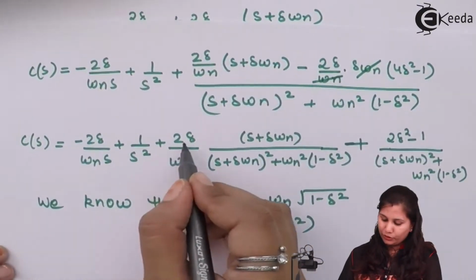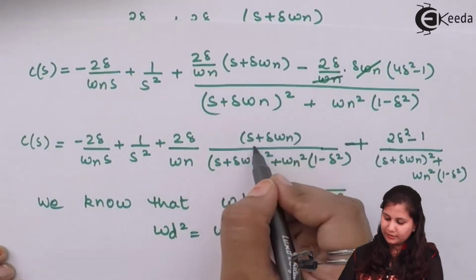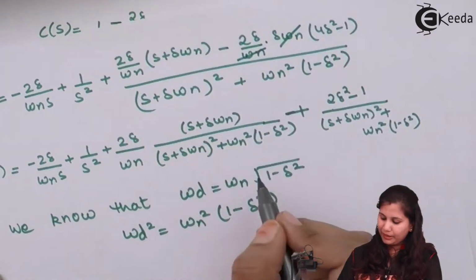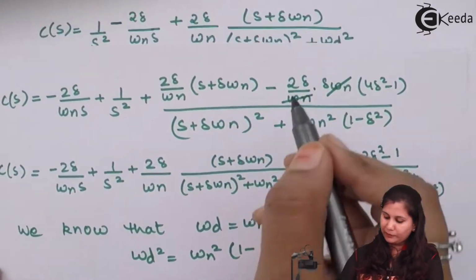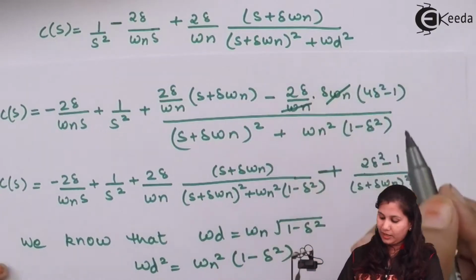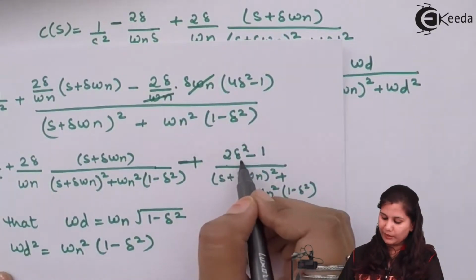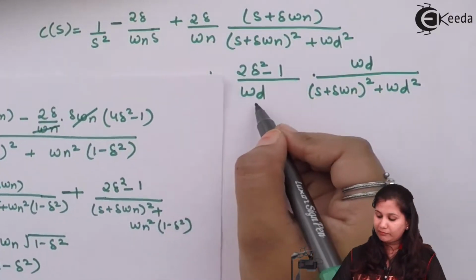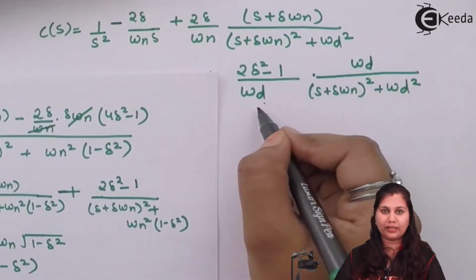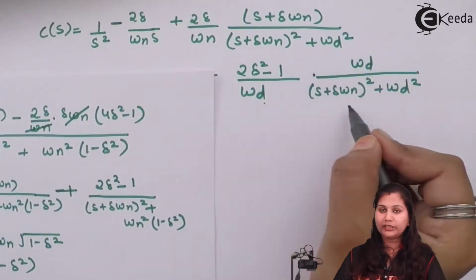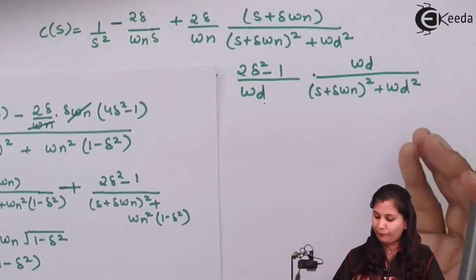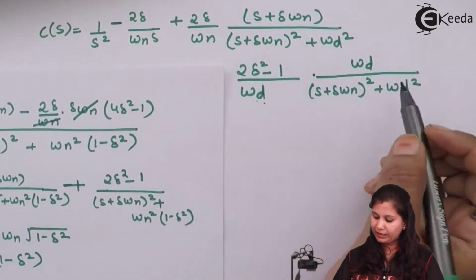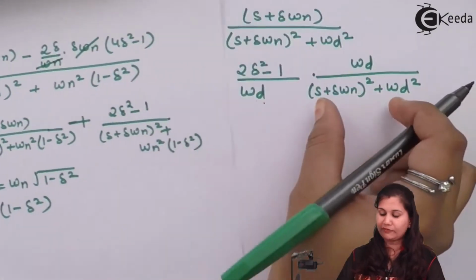Then plus 2 del upon omega n, this we have written as it is. Then (s plus del omega n) whole square, and plus this omega n square we have replaced by omega d square. Now here we have 2 del square minus 1. So we have written 2 del square minus 1. Then we have multiplied and divided this term by omega d, so as to convert it into the sum of the standard form. So multiplying and dividing with omega d, there will be no effect, and the rest of the denominator term we have written as it is.